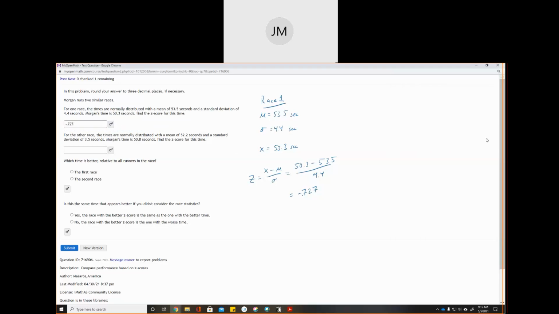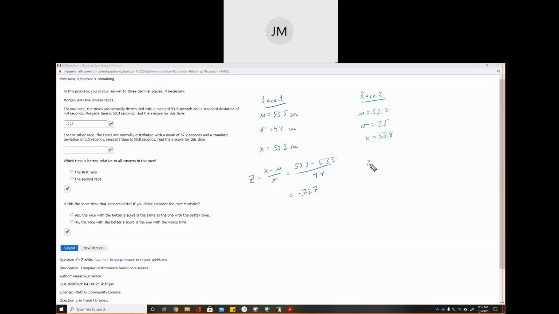For the other race, so now let's look at race 2. The mean is 52.2. The standard deviation is 3.5. And Morgan's time on this one is 50.8 seconds.